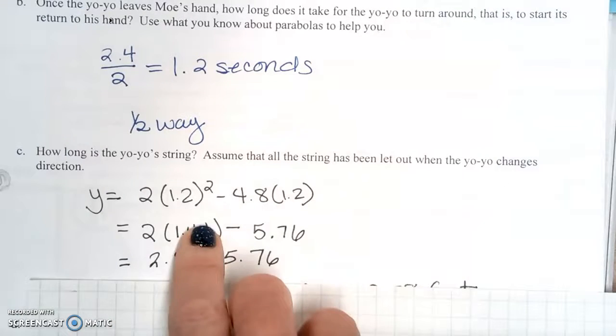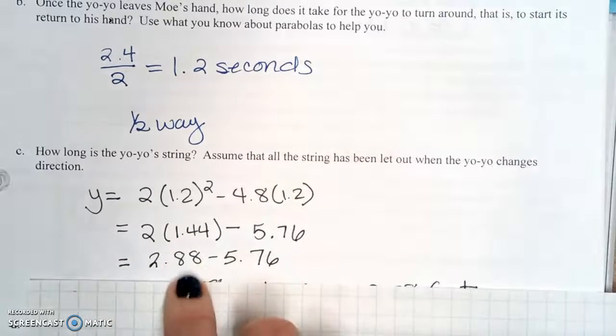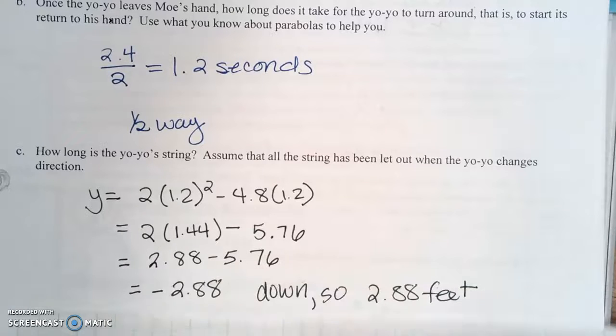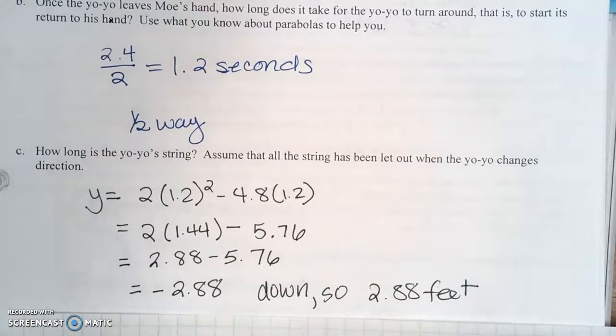Then we're going to multiply this out. 2 times 1.44 is 2.88. Subtract the 5.76. And we actually get a negative answer. If you take 2.88 minus the 5.76, you get negative 2.88.